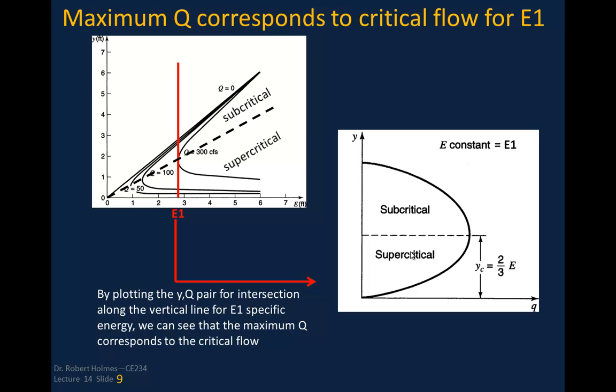Furthermore, we can see that the y critical is equal to 2/3 the specific energy at that point. That's just a throwback to where we say that at the critical condition, the velocity head is equal to 1/2 the hydraulic depth.